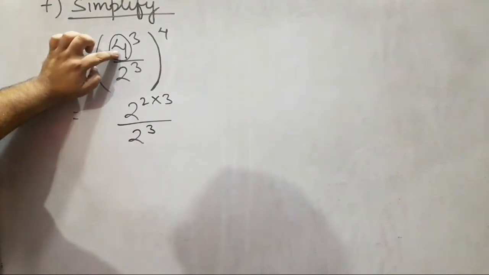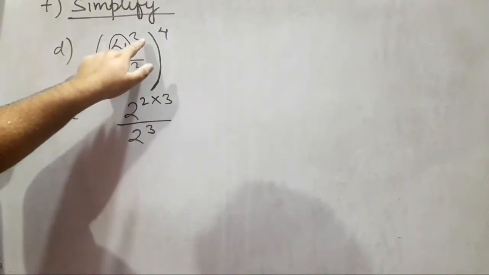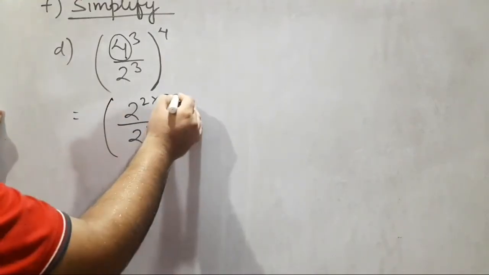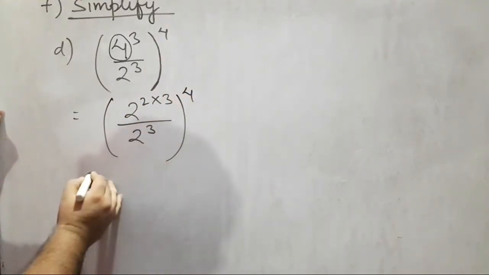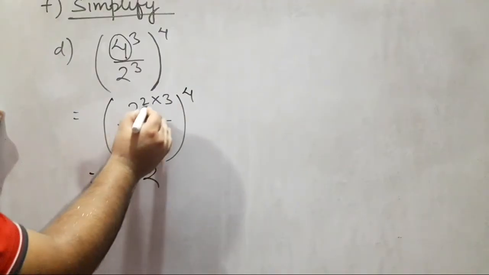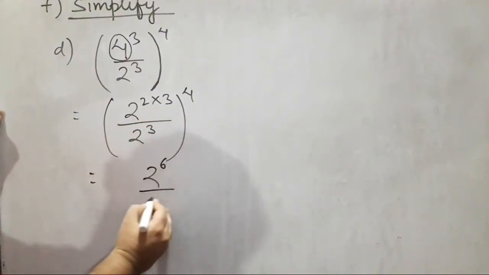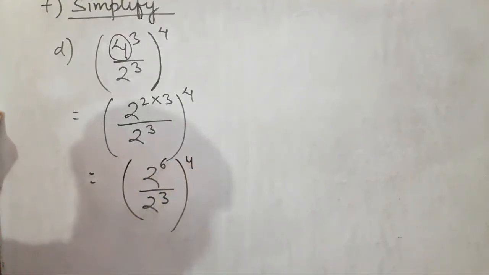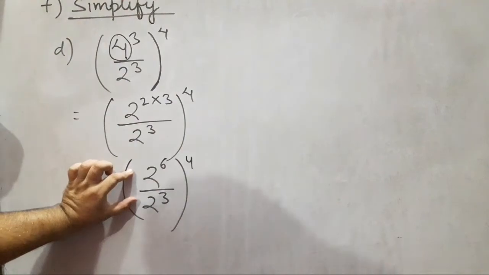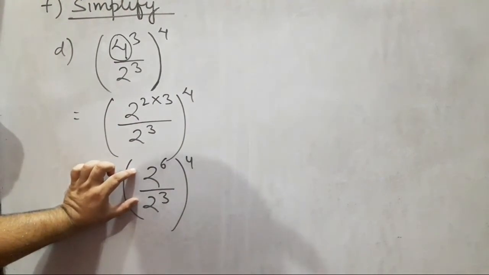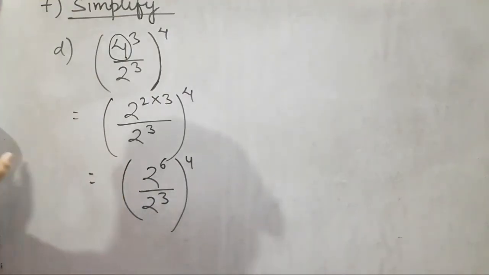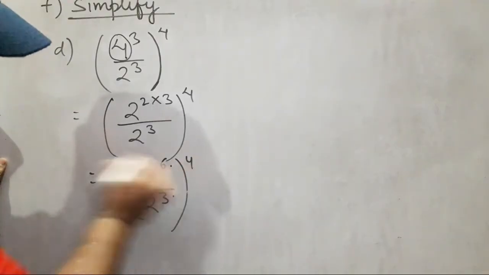This 4 I have written as 2 power 2 and this power 3 has multiplied this power, so bracket, outside there is power 4. 2 power 2 times 3 is 6, 2 power 6 by 2 power 3 bracket power 4. Now here we can apply the quotient law of indices. According to the quotient law of indices, when the same bases are divided, the smaller power is subtracted from the greater power.